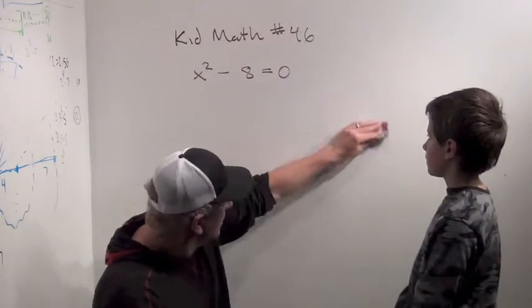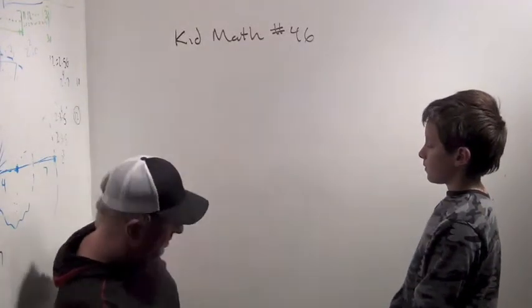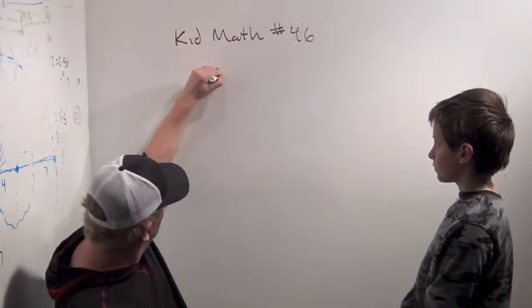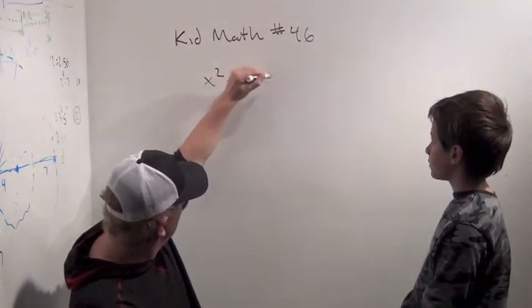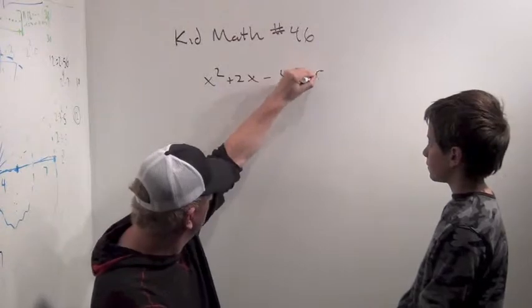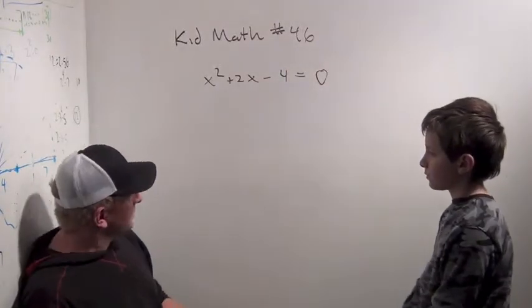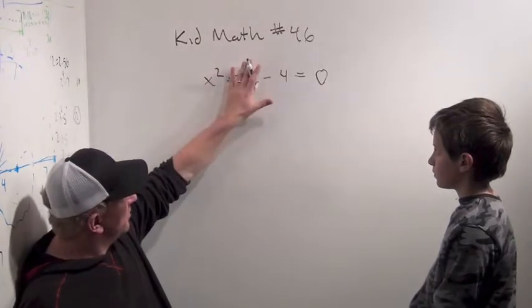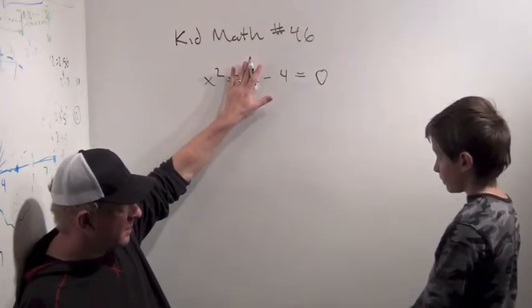But what we're starting to look at in this section is slightly more complicated questions, like let's say x squared plus 2x minus 4 equals 0. And here we don't have just an x squared and a 4, which would be really easy, right? Yes.